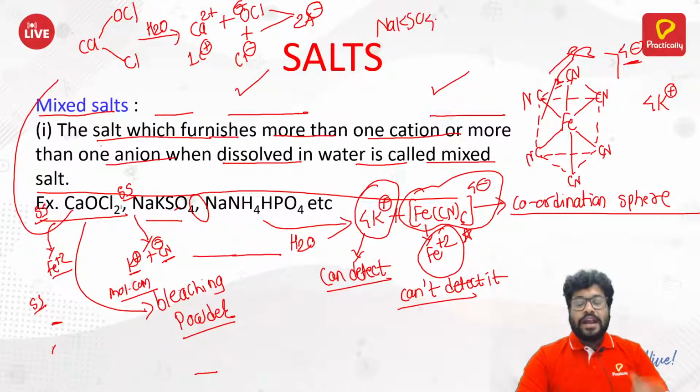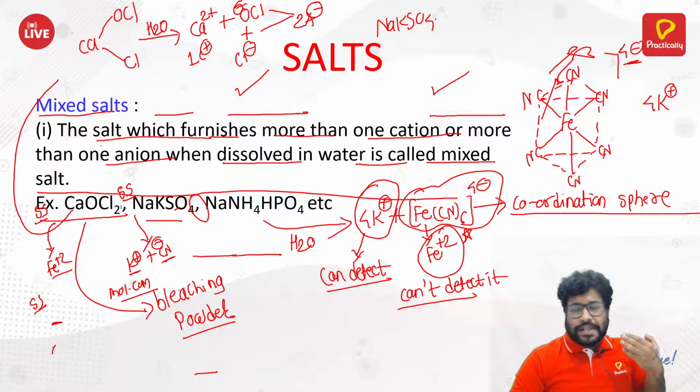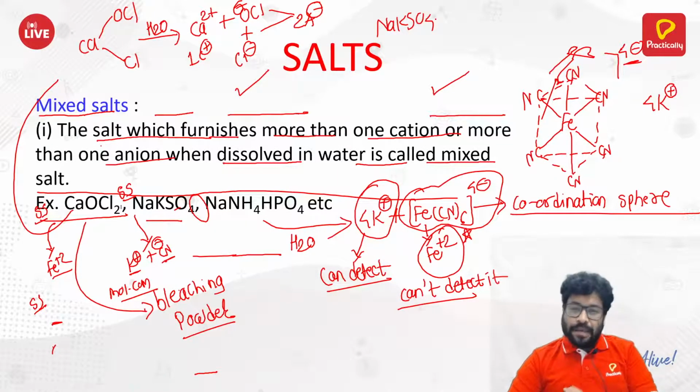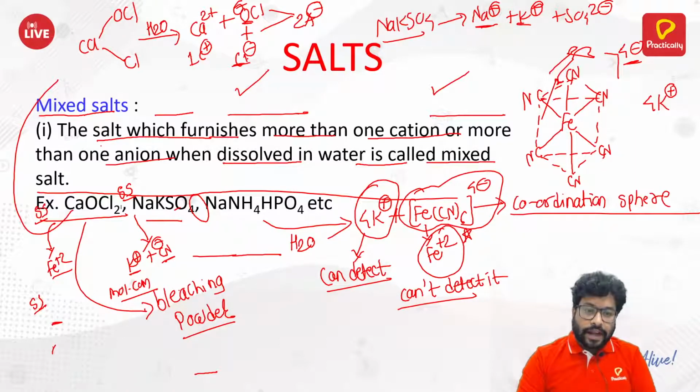You were always getting more than one cation or more than one anion, but most of them have been of the same type. Here, these are different types of cations. You get Na plus, you get K plus, and you get SO4 2 minus. So these are two different types of cation, and here you have two different types of anion, right?